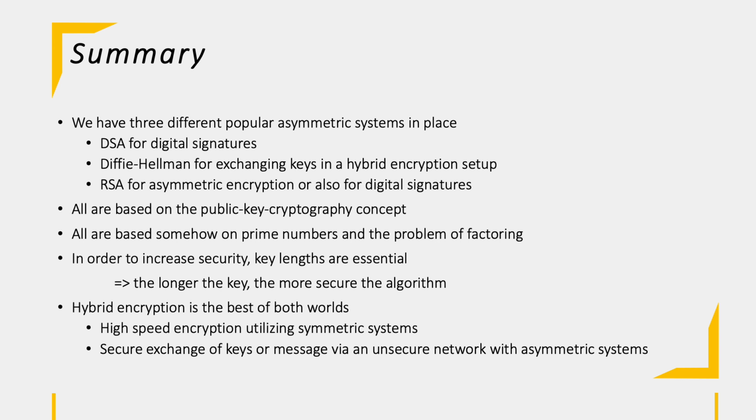And most often if you talk about hybrid encryption, you use the Diffie-Hellman algorithm to do the key exchange in a secure manner, and you then use afterwards AES, usually 256 and probably also GCM mode, to have all possible security features you want with a reasonable key length.